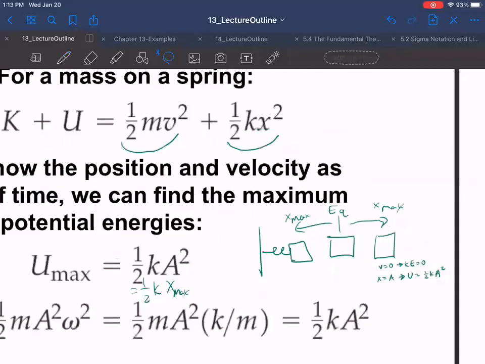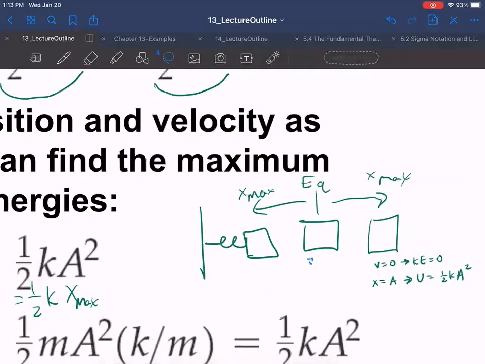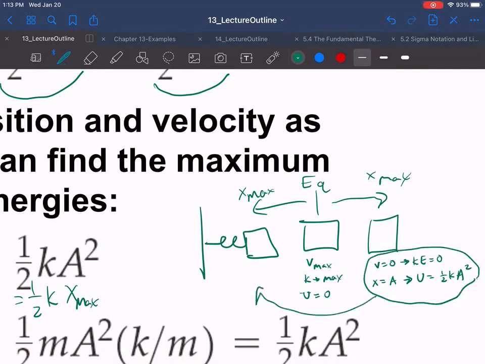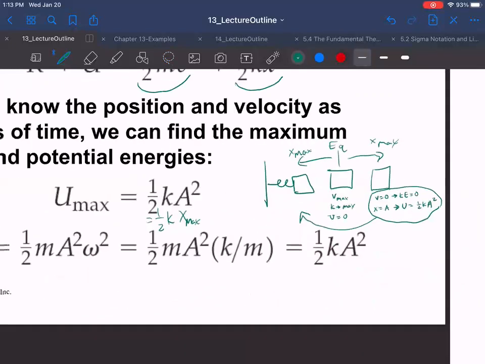Here in the middle, velocity is a max, and therefore kinetic energy is a max. Potential energy equals zero, right there in the middle. And then all of this can go right over here too for that side. So they're the same.